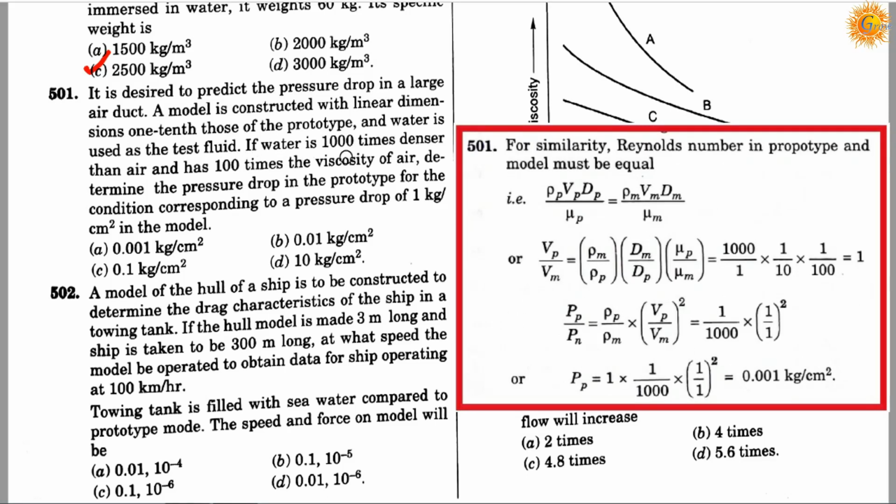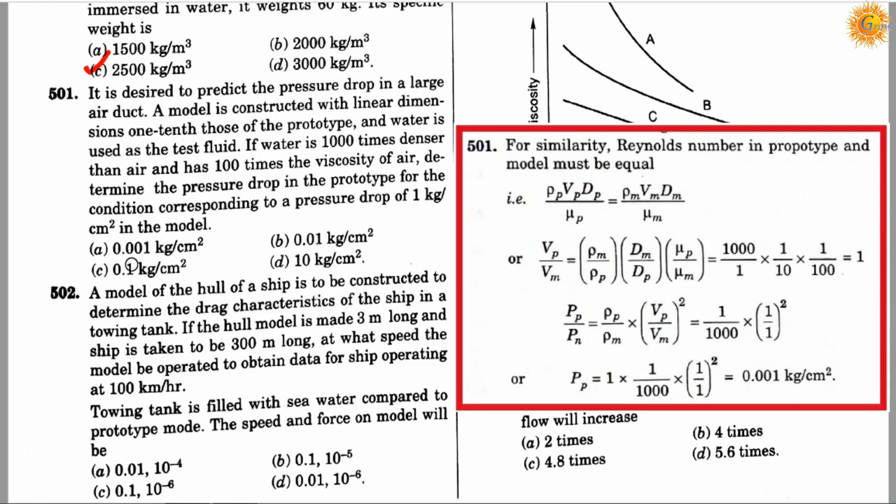If water is 1000 times denser than air and has 100 times the viscosity of air, determine the pressure drop in the prototype for the condition corresponding to a pressure drop of 1 kg per centimeter square in the model.